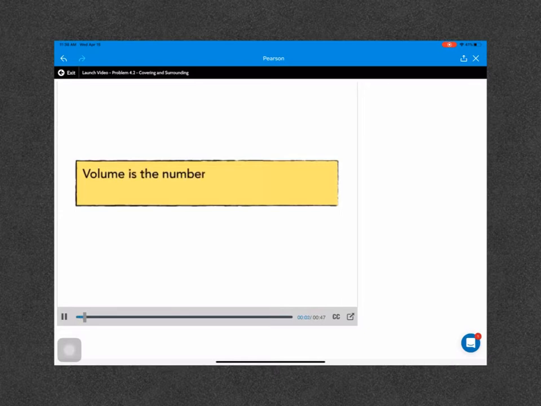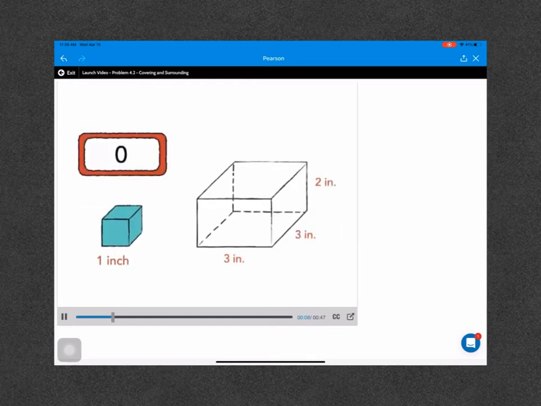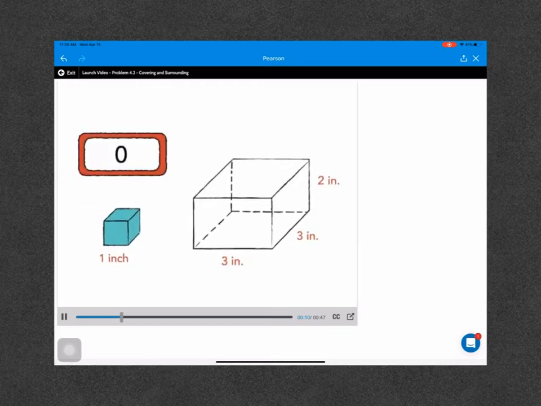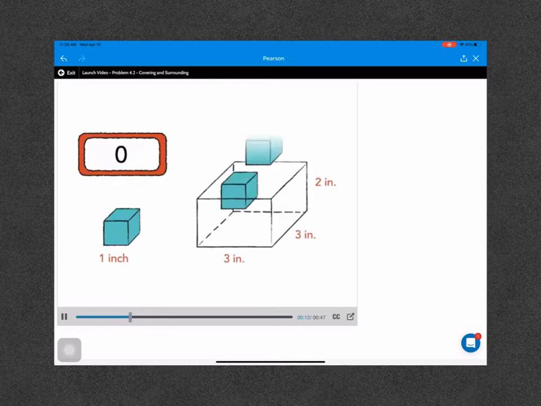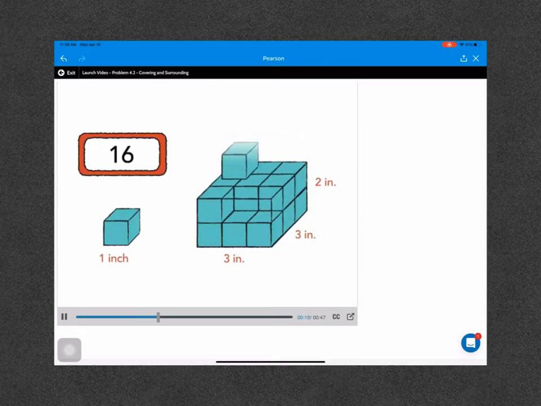Volume is the number of unit cubes it would take to fill a three-dimensional figure. How many 1-inch cubes would it take to fill this rectangular prism? It takes 18 1-inch cubes to fill the rectangular prism.